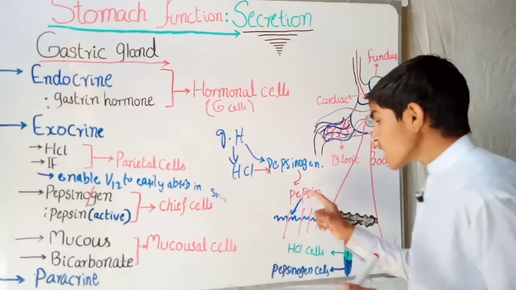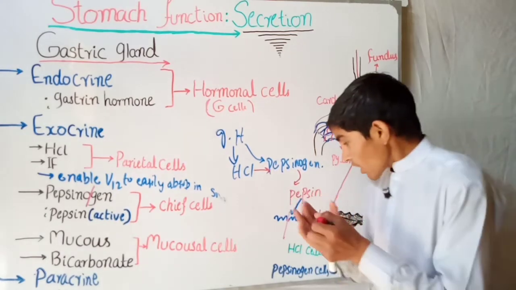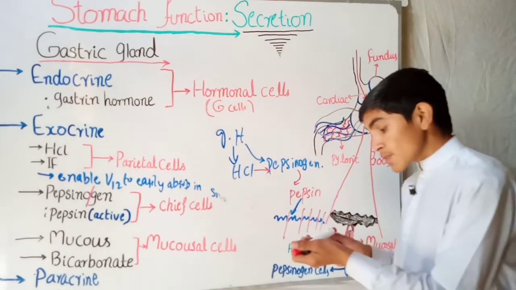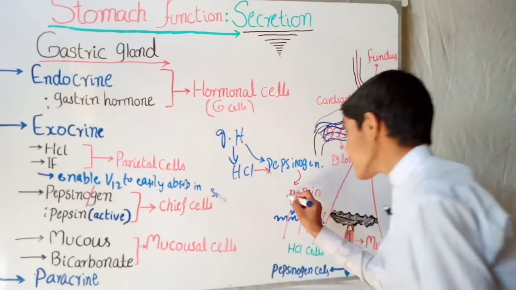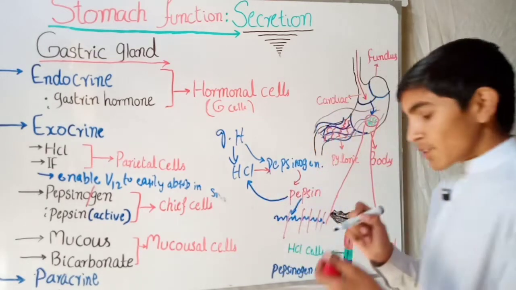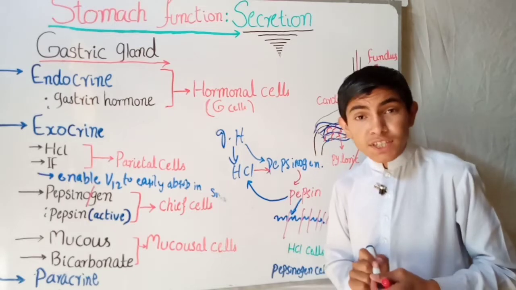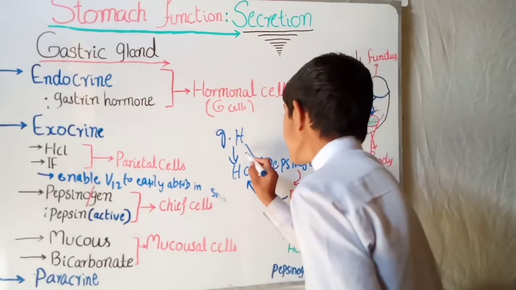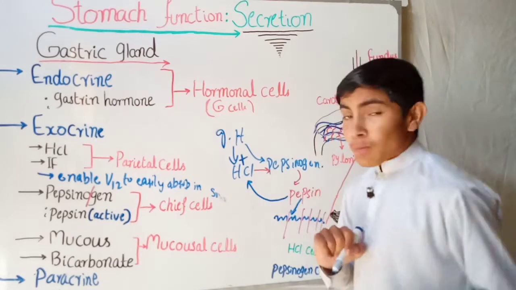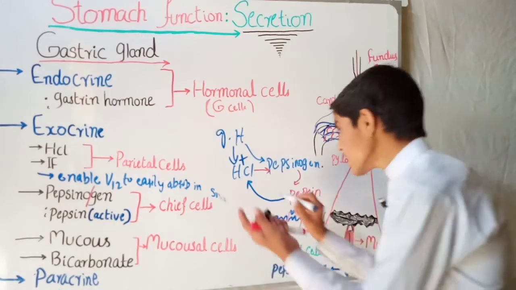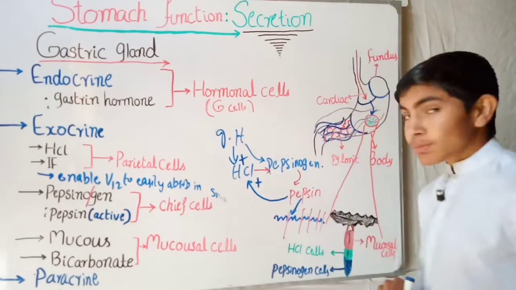Now pepsin is again able to stimulate the secretion of HCl, so it is double. Once from the stimulation by the gastrin hormone, second from the stimulation by pepsin.